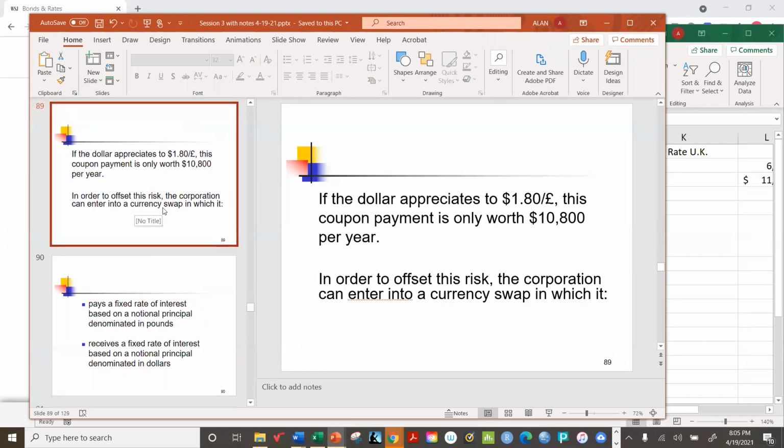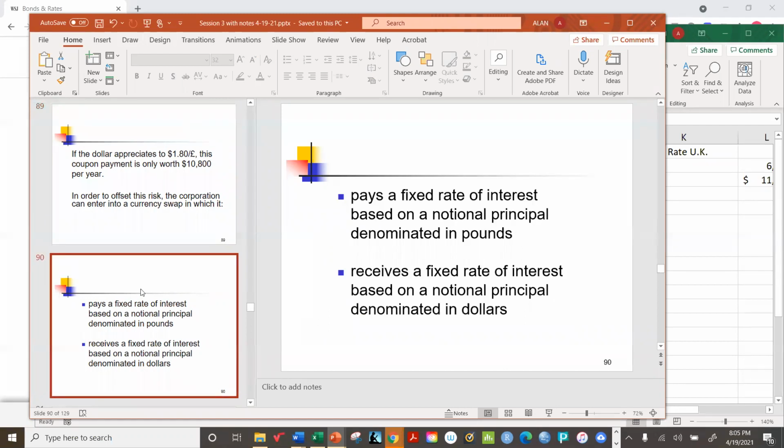Well, because we're worried about this dollar getting too strong, what we can do is offset these risks by entering into a currency swap where we're paying a fixed rate of interest based on pounds and receiving a fixed rate based on dollars. Now, of course, this is more convenient for us as an American company because we're eliminating any risk involving the pound and we're locking in a specific rate of interest denominated in dollars. And that's, of course, the whole point of all of this.